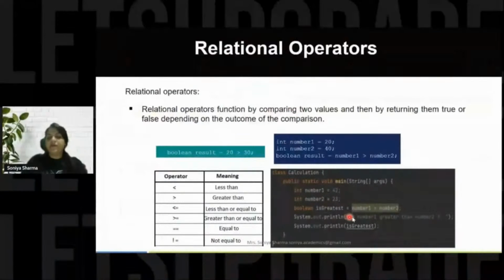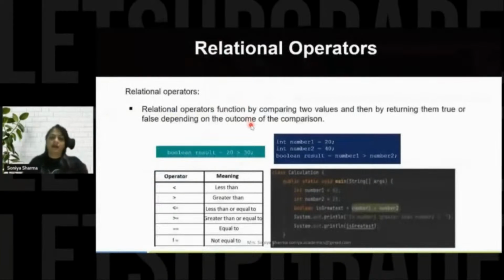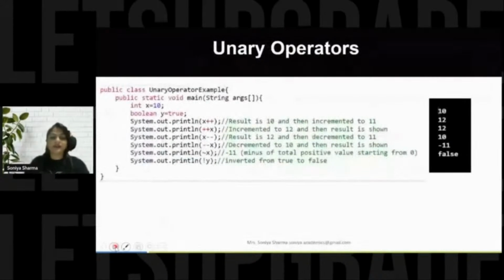I have already written number a and b here. If it is greater, it will print true or false. Assignment I am not taking currently. We will use these relational operators in if else and other programs.